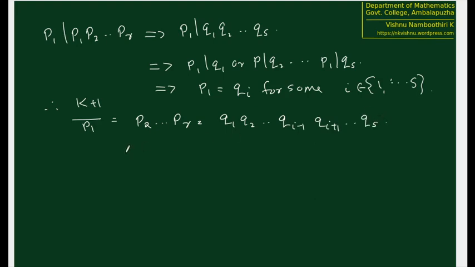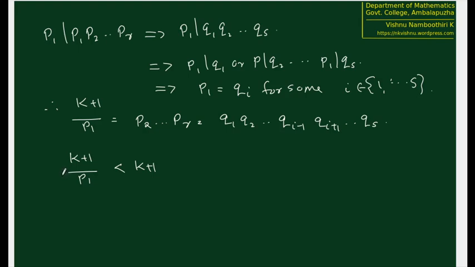Now the problem comes, we have to look at this carefully. (k+1)/p1 is less than k plus 1. By the induction assumption... but is this going to be greater than or equal to 2?